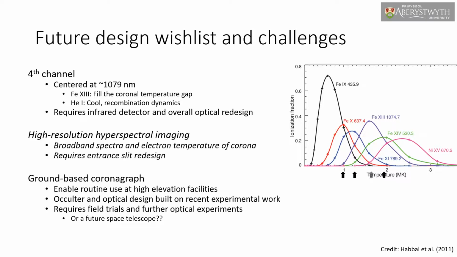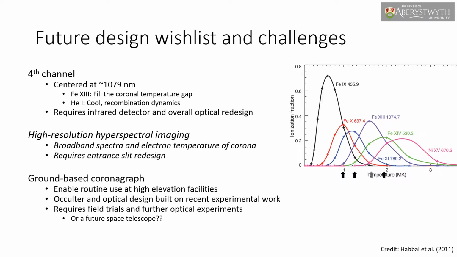This is a challenge due to atmospheric scattering, but the PI of our project, Hugh Morgan, is pretty confident that an occulter and optical design can be refined and built based on experimental data. Either that or we toss it on a space telescope. Who knows? I really don't know much about this coronagraph plan, but if you're interested, shoot me an email and I'll pass it along to Hugh.